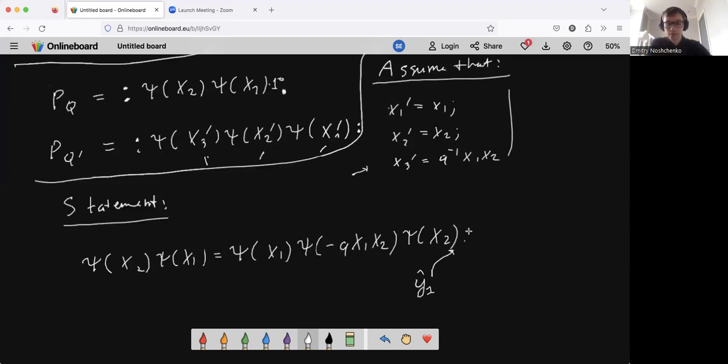Since it acts on identity, this is understood as acting on identity and computing normal order. So then this does not change anything, right? By this tiny modification by hand, you don't change the result, but you make x2 equal to x2 prime. So now we indeed see that this is the pentagon.